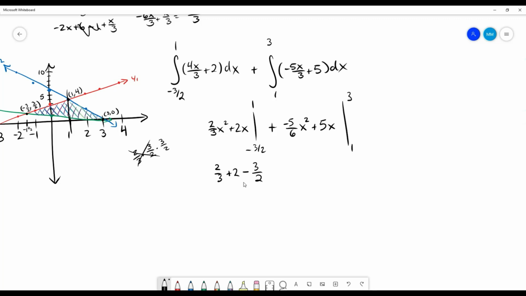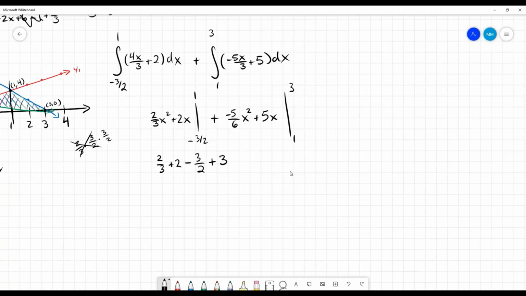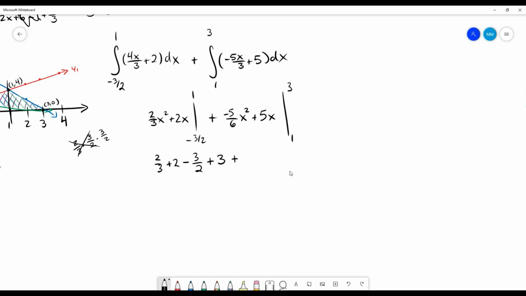And then minus, but plugging in a negative, so it ends up being minus a negative, so it turns into a plus. The 2's cancel. Okay. Now I plug in our bounds for this side. So plus 3 squared is 9. Or actually I could cancel out one of those 3's.